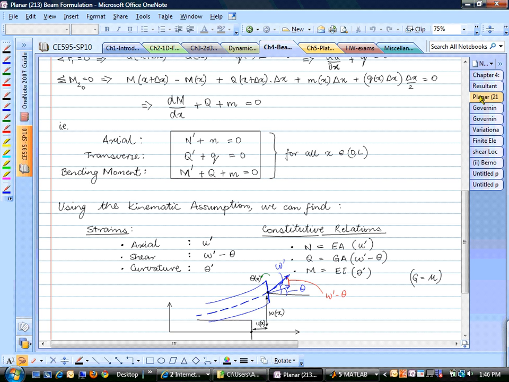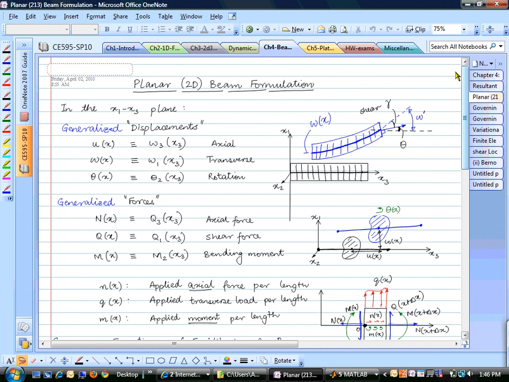For the beam theory, we said that if we have a two-dimensional or three-dimensional object, to be able to analyze it with beam theory, we are going to assume a certain deformation map.